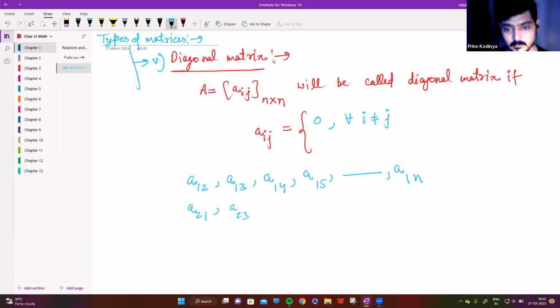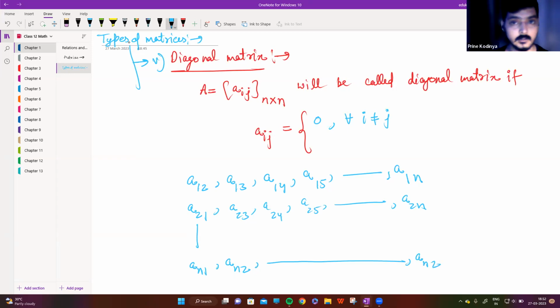A23, sorry, my bad, it should be A24, A25, up to A2n. Similarly, this will go like An1, An2. There will be so many elements, right, in which i and j are not equal. Only n elements will be there in which i and j are equal, if you consider it.